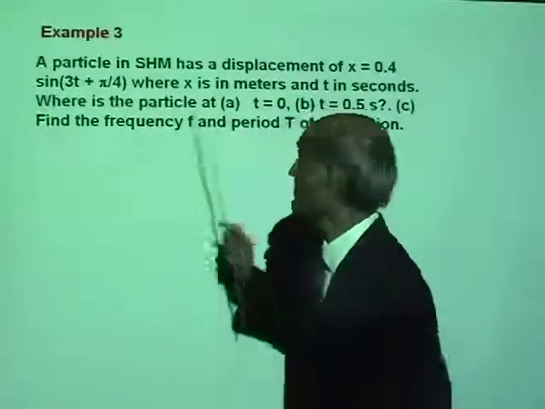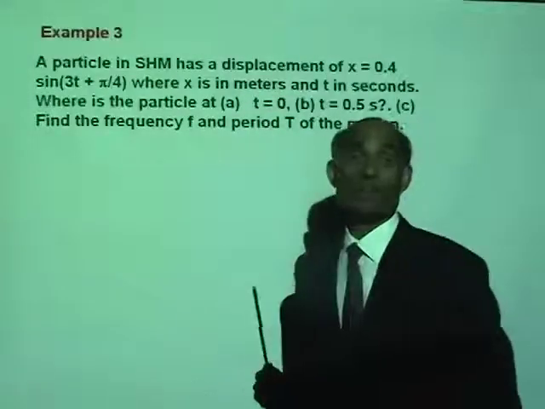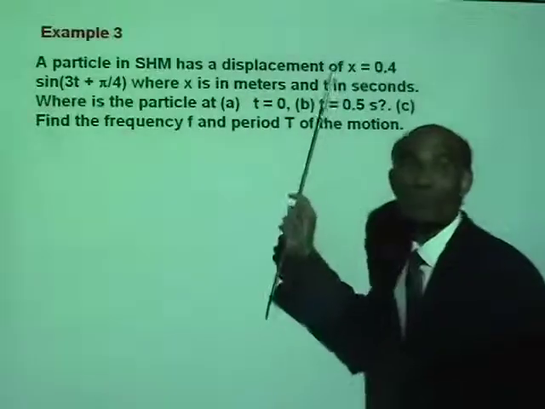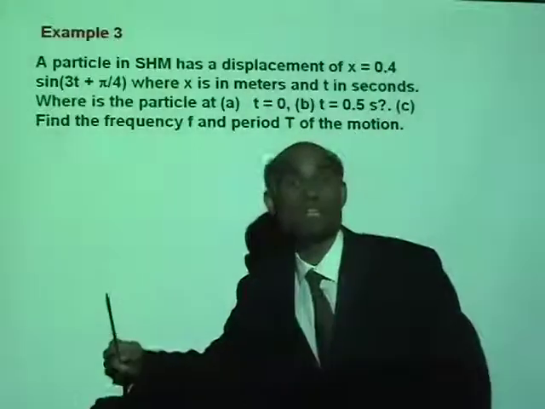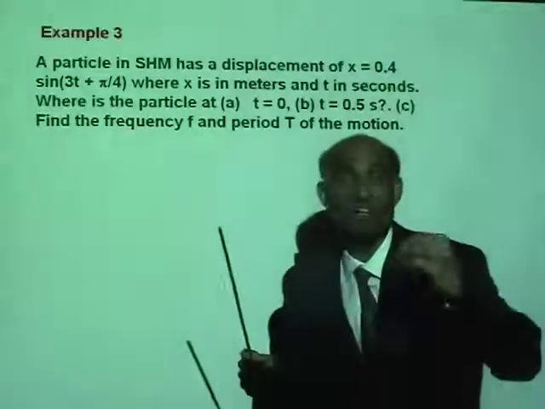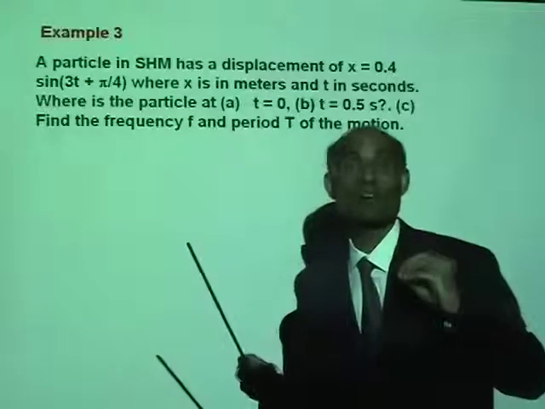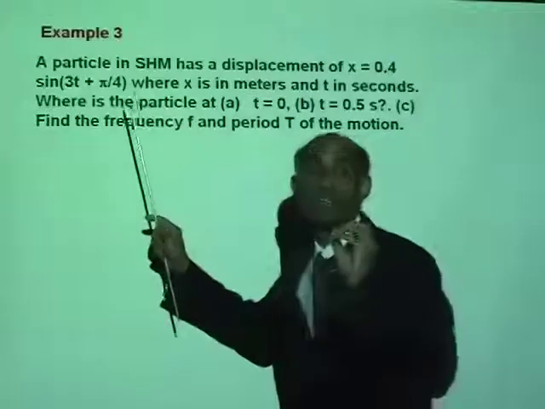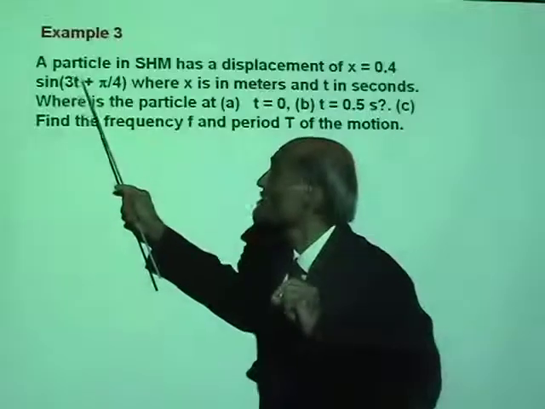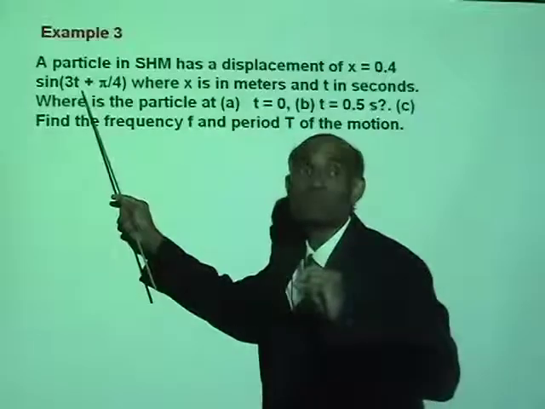Well, this is the position function, is that right? The x equal to 0.4 sine (3t plus pi by 4) is the position function of the oscillating object. In other words, it gives you the position of the oscillating object at any given time t.